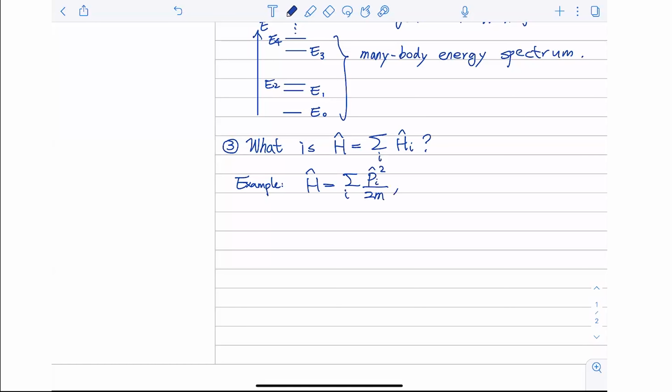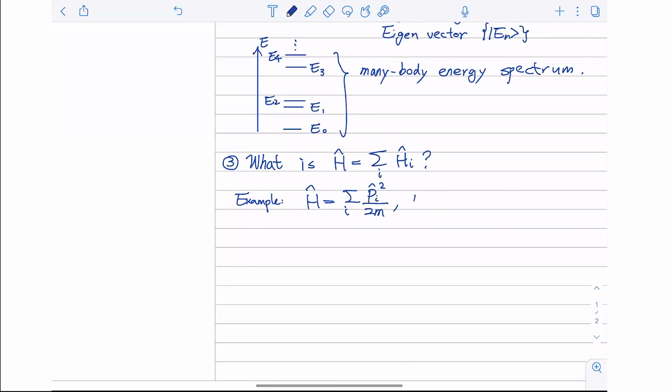If we look at this expression, we immediately see that for this system, H_i is actually p_i squared divided by 2m, which is the corresponding kinetic energy of the ith particle.